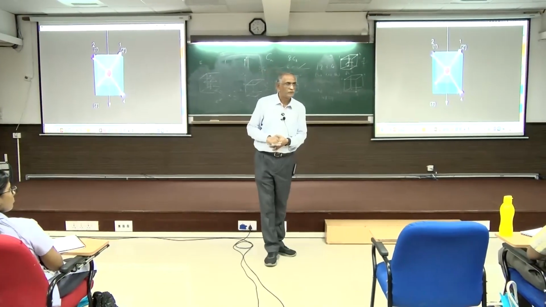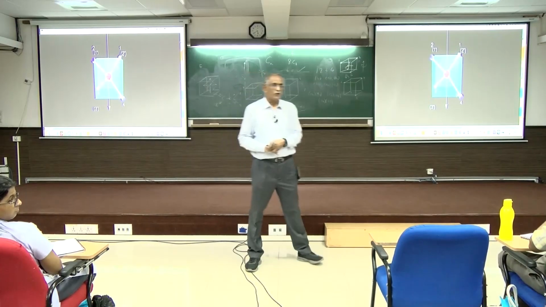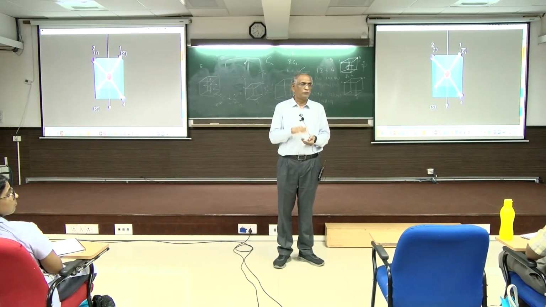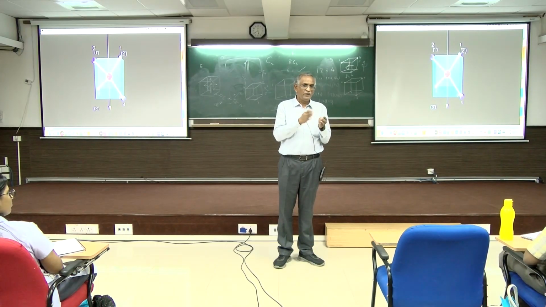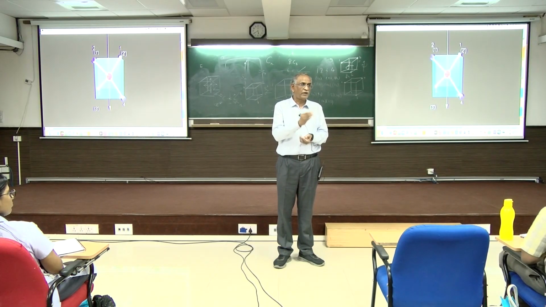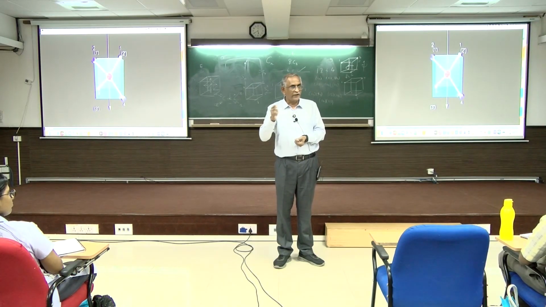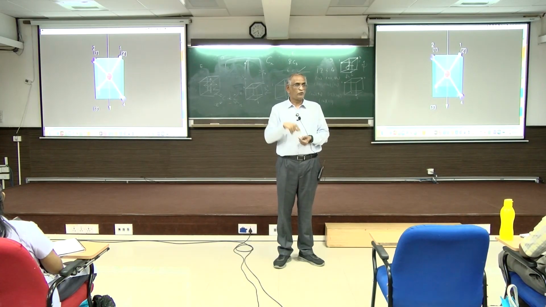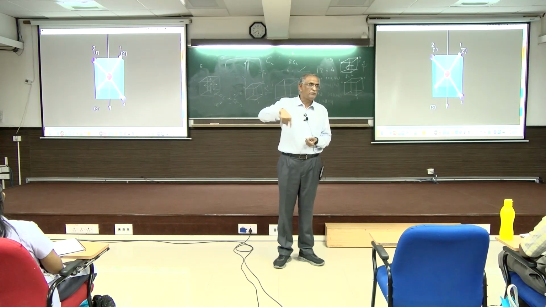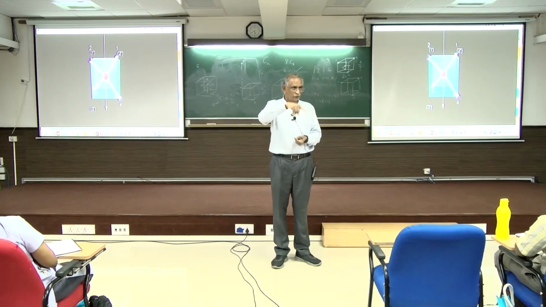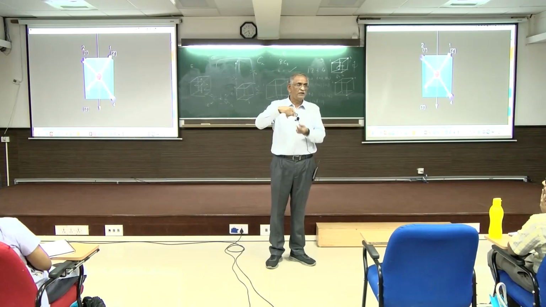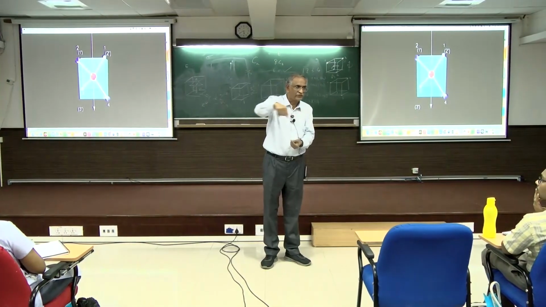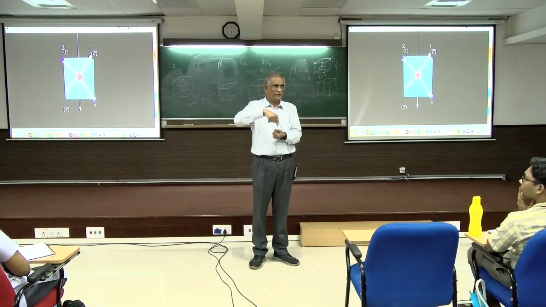When you talk about the translational degree of freedom, it refers to the three possible amounts of energy depending on the molecular motion in three mutually perpendicular directions. Rotational energy refers to the angular momentum, the moment of inertia I times the angular velocity omega squared, where omega is about the axis for which you declare the I.